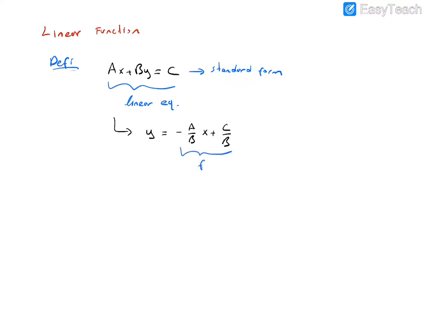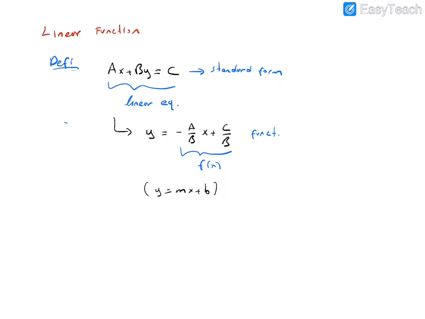So this is f of x, a function of x. Before, we mentioned the following form y equals mx plus b. So here m is minus a over b, and small b is c over b.